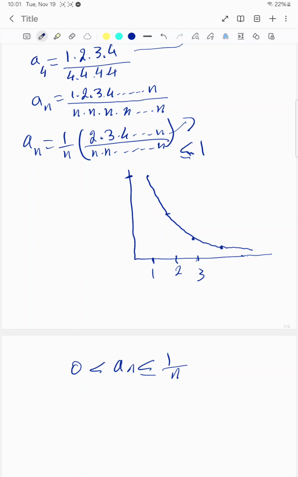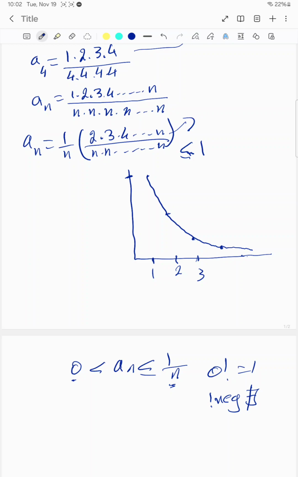And I know 1 over n, when n goes to infinity, is 0. So that's why I put between 0 and 1 over n. And I know 0 factorial is equal to 1, so that's why I did not start with 0, and a factorial of a negative number does not exist, so I started at 1 to infinity.